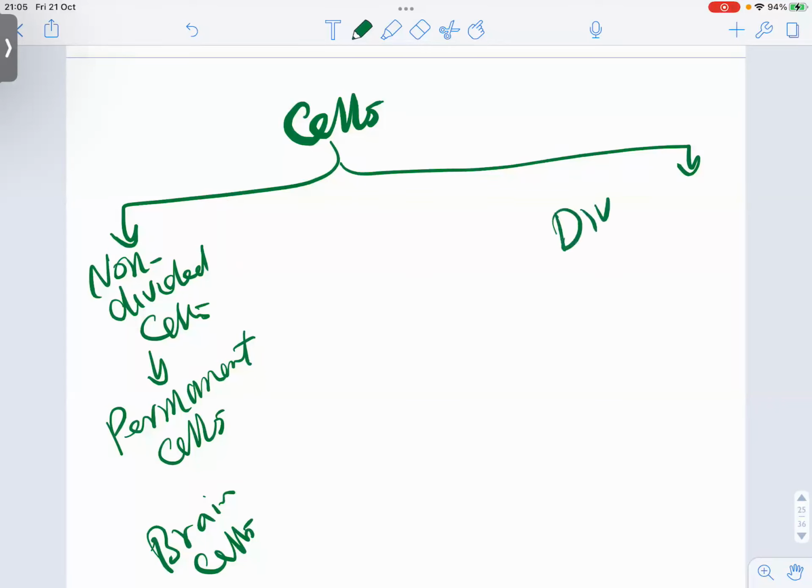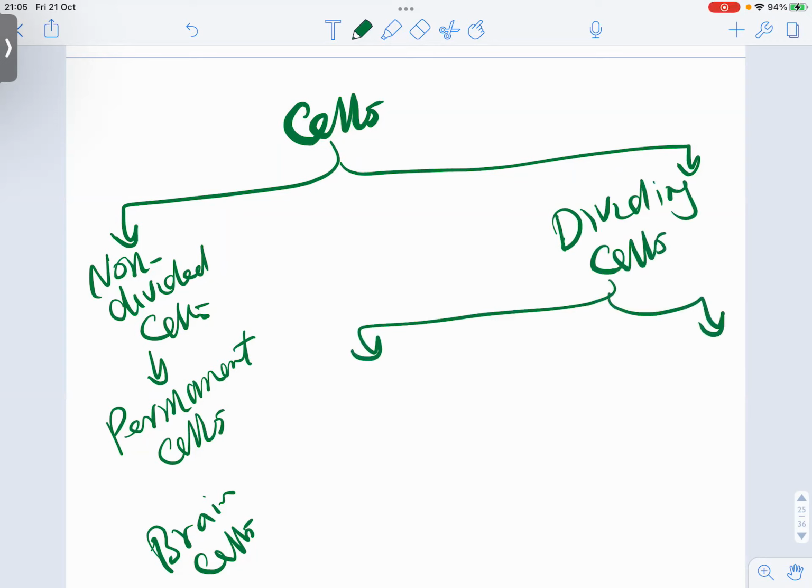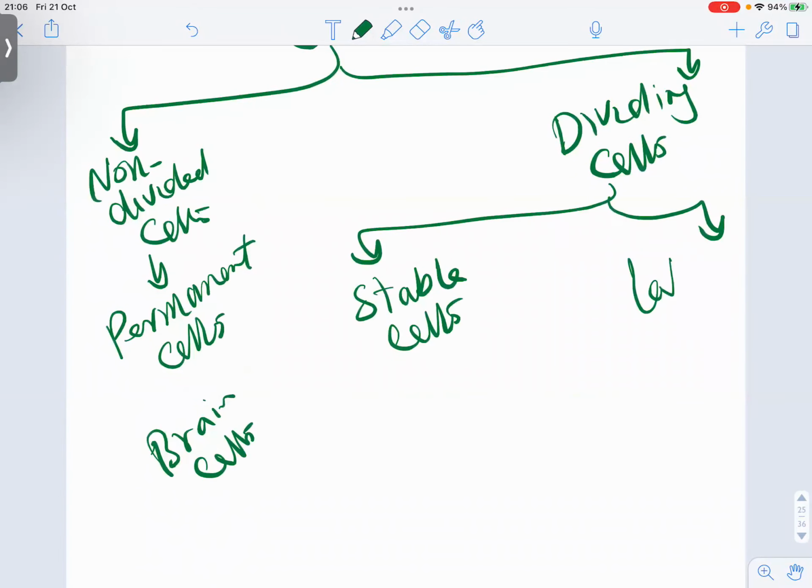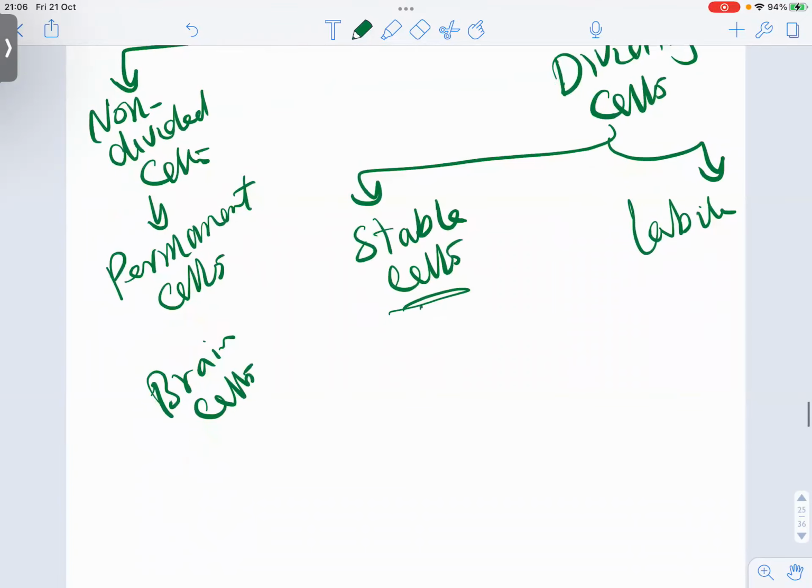And we have dividing cells. We have 2 types of dividing cells: stable cells and labile cells. Stable cells don't divide, but after being under some condition, they can divide, like liver cells.